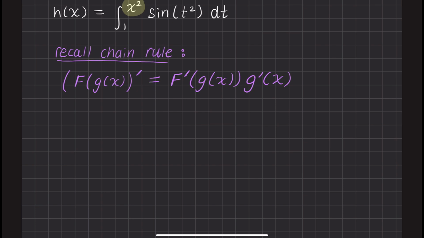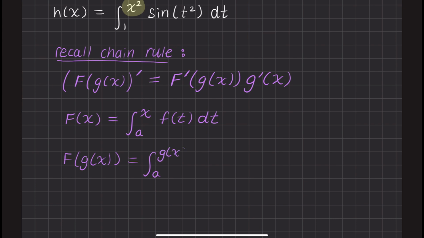Now, I used big F because in these types of problems, our big F is going to be the integral from a to x of f of t dt. And so when we're looking at big F of g of x, this is going to be when we have the integral from a to, instead of x now, we have g of x, f of t dt. And this is exactly the setup that we have for this problem.